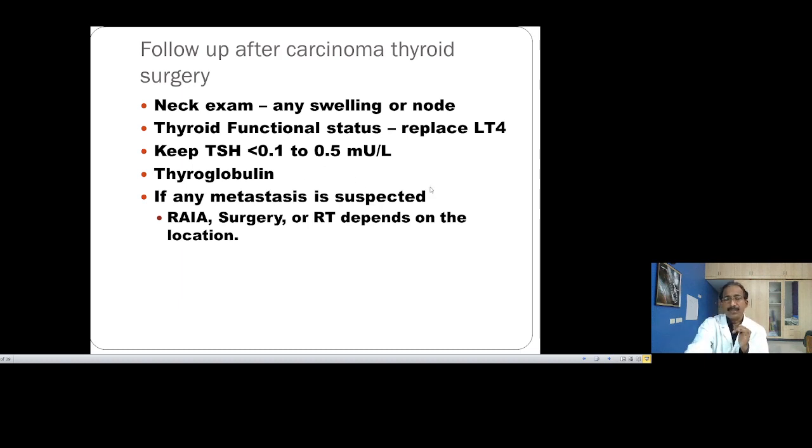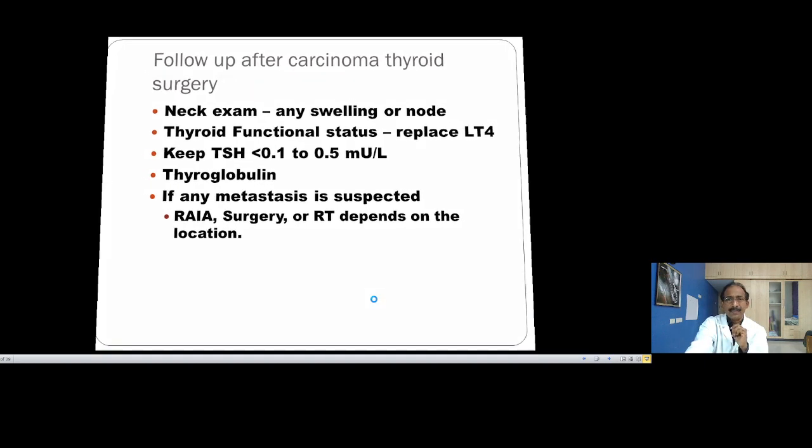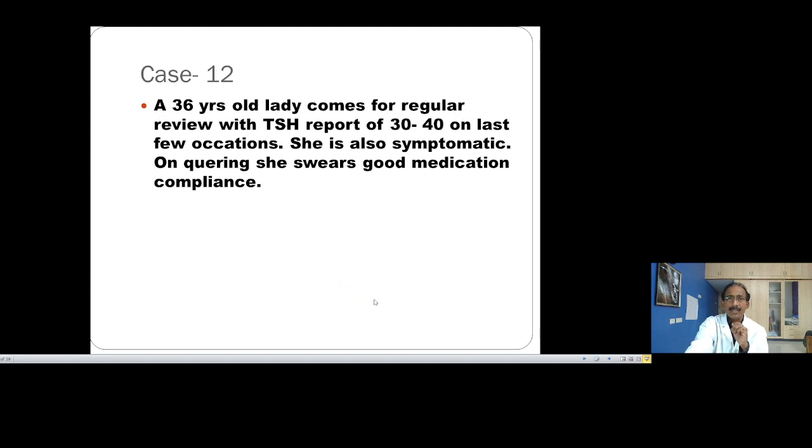You cannot allow the patient to go to a TSH of 2 or 3, because it can stimulate the papillary carcinoma and it can return. Thyroglobulin is one more test we do only during follow-up of surgery. That means the normal TSH values are different after malignancy surgery.